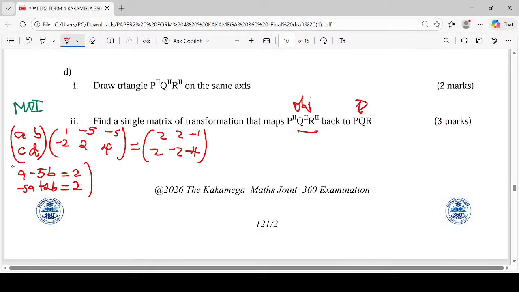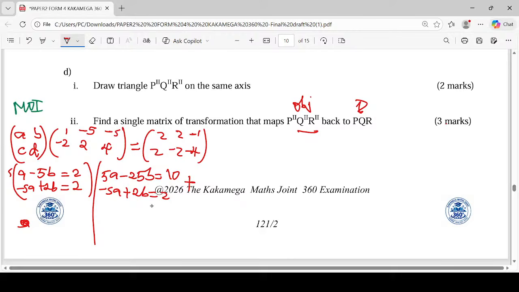We can eliminate by multiplying this by 5. So this will be 5A minus 25B is equal to 10. Then this will be negative 5A plus 2B is equal to 2.